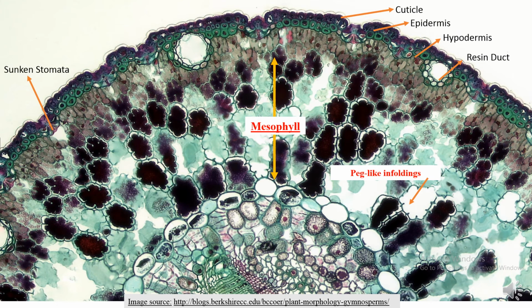Point to note is that these infoldings increase the inner wall surface area and hence increase the area for arrangement of photosynthetic enzymes and complexes, hence compensating the reduction in surface area because of the narrow needle shape of the leaf of pine.